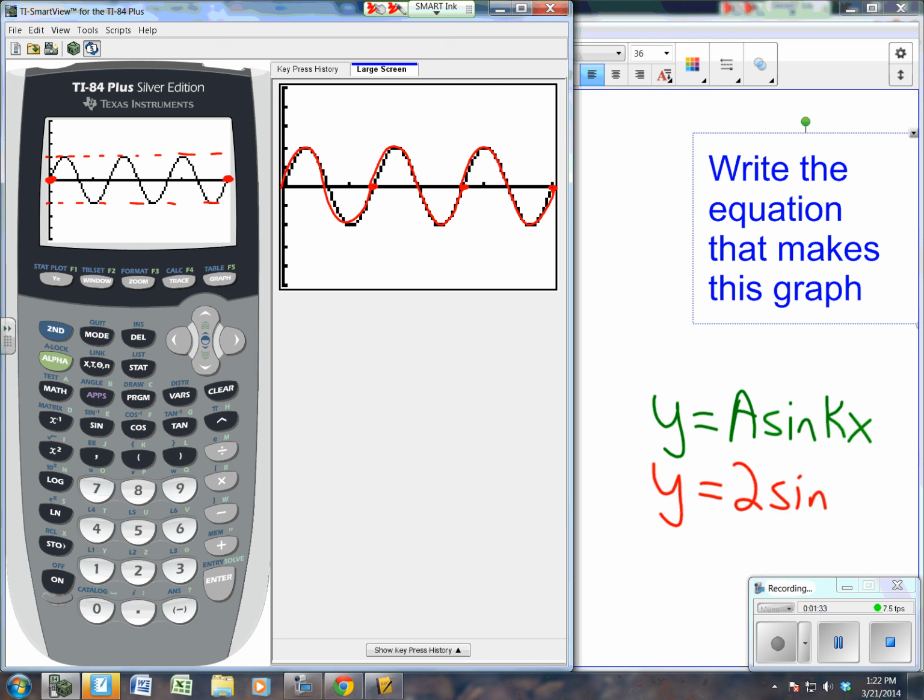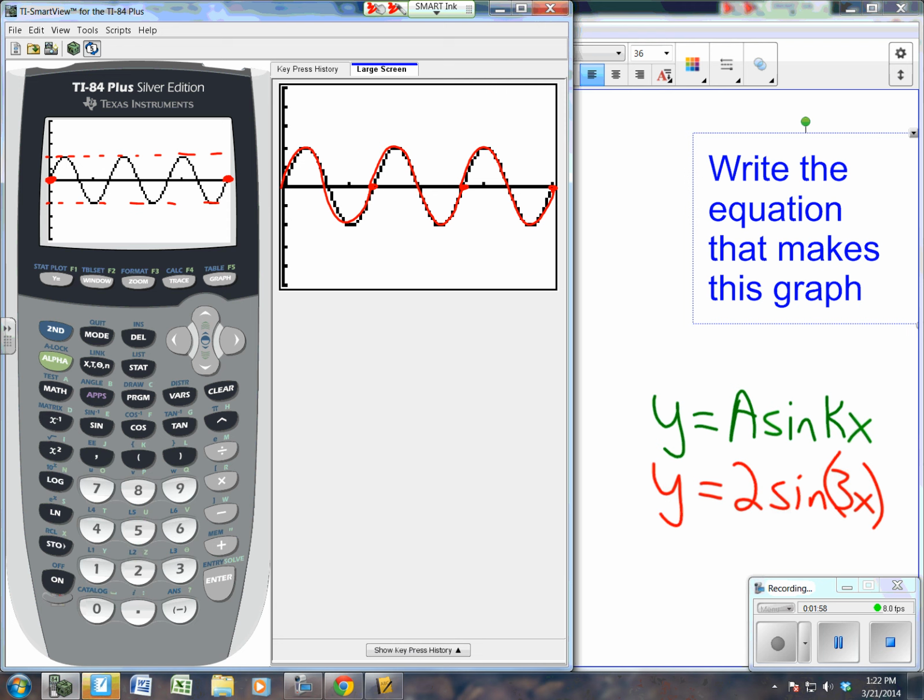So it had 3 cycles take place between 0 and 2 pi. So k is 3. That's one way to find k. We're going to show you another way to find k as well, algebraically. But you can use a graph. If you just count how many cycles take place between 0 and 2 pi, that's going to tell you what k is.